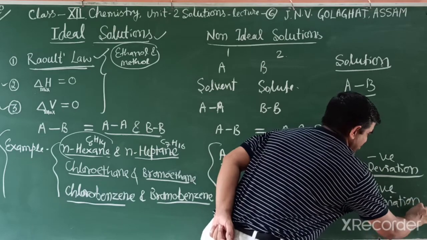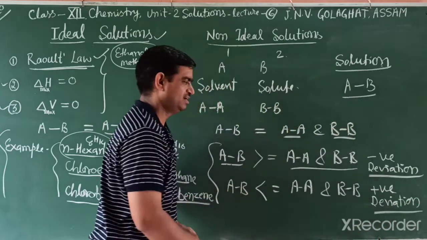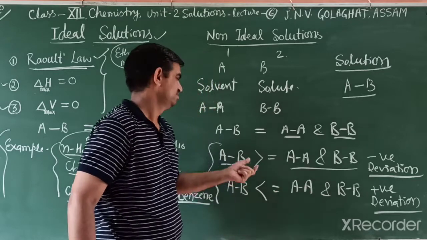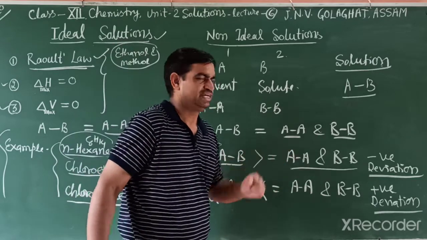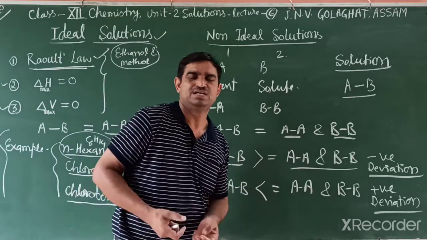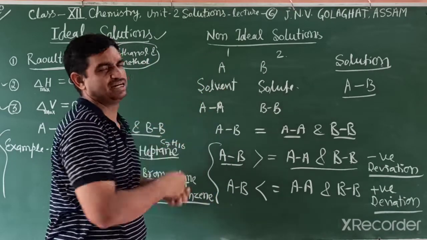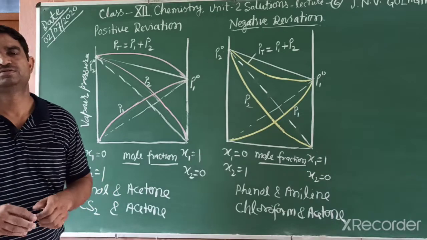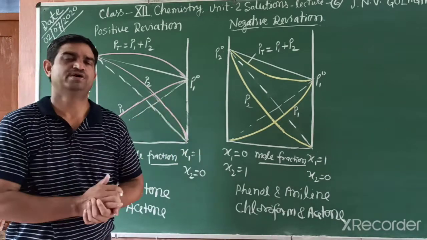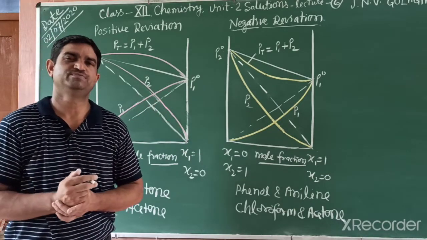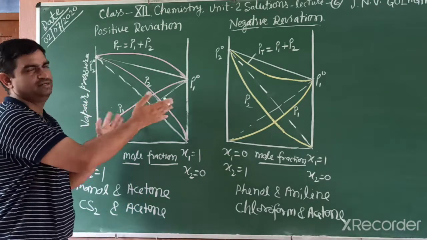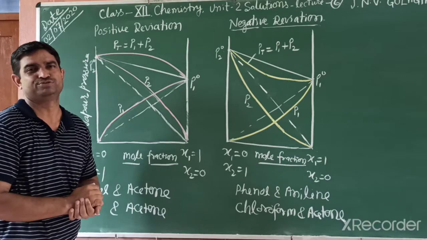This is a very important point: if the new force is weaker, that is positive deviation; if stronger, then negative deviation. Students, we will discuss this diagrammatically in detail, what we mean by positive and negative deviation from Raoult's law, and the reason behind non-ideal solutions.